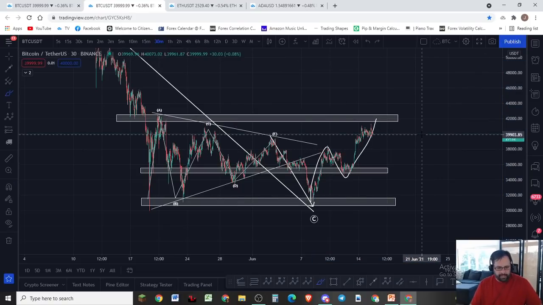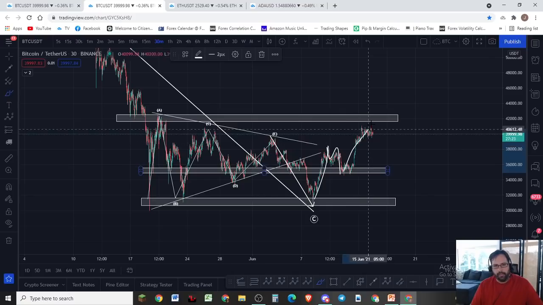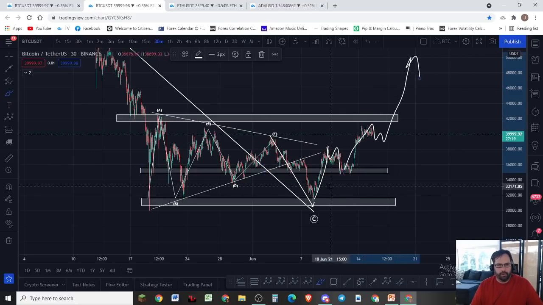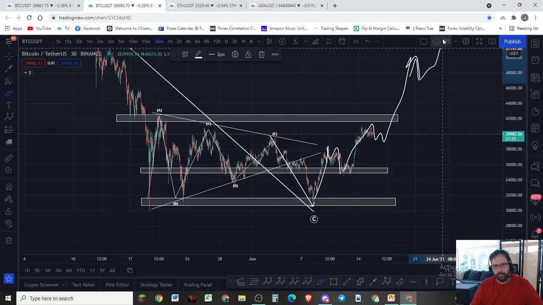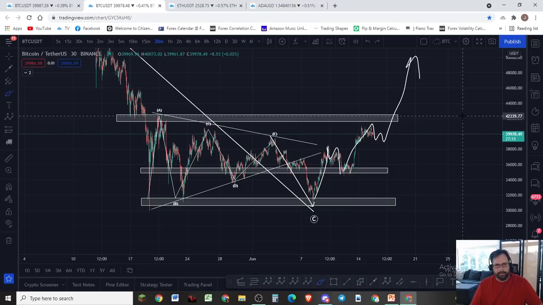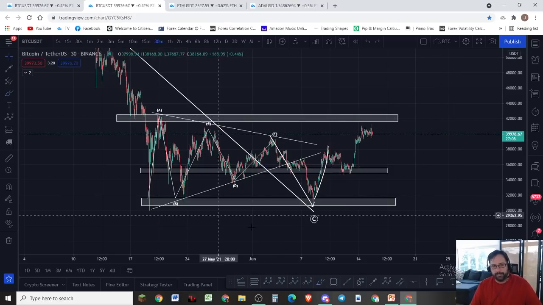Or this is the beginning of a huge impulse wave. This first 5 waves was a 1 wave followed by a corrective wave 2, and now we're getting another impulse, which should be followed by another corrective wave, and it'll just continue to go up, correct like that, and go up as an impulse wave. So those are the implications of this particular count.